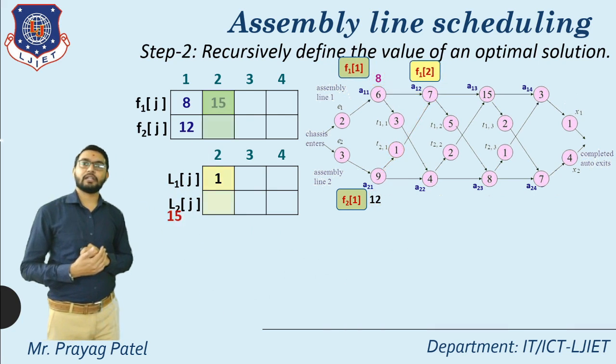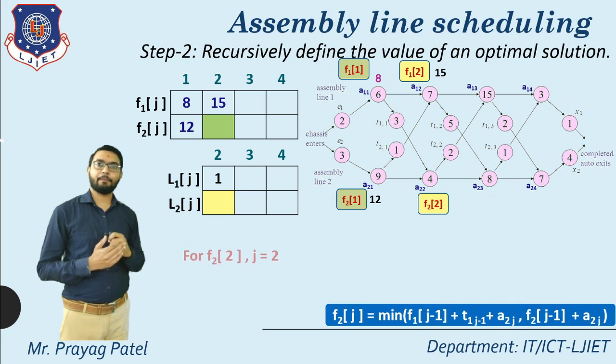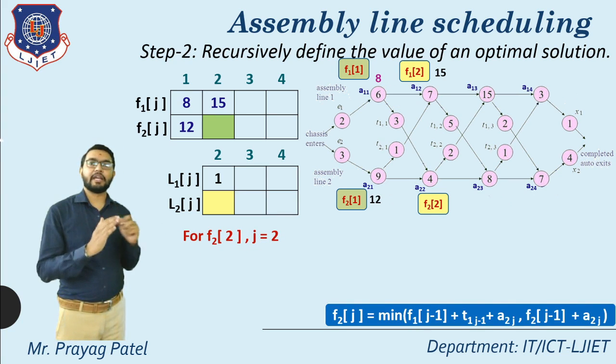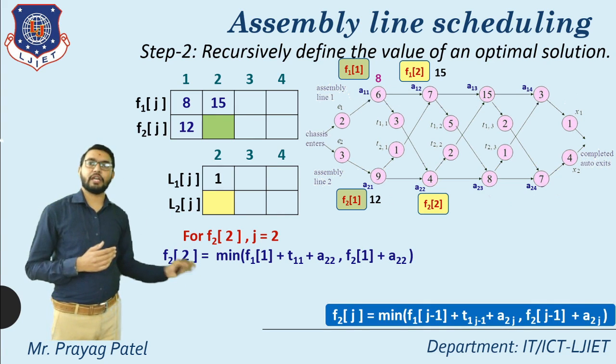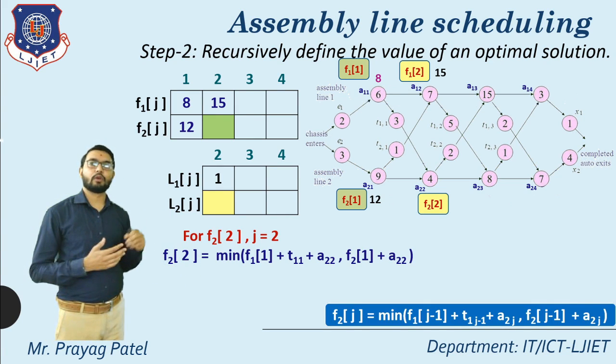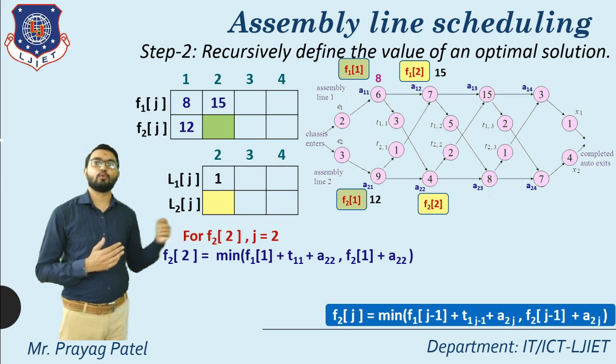Okay. Now consider the next value, F22. Here for F22, consider j equal to 2. So according to our formula of F2j, F22 equals minimum of F11 plus T11 plus A22, and second part is F21 plus A22.